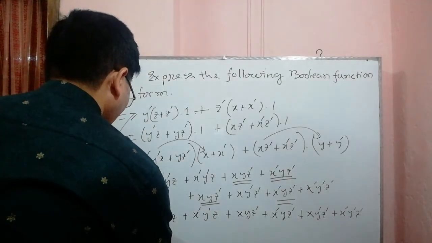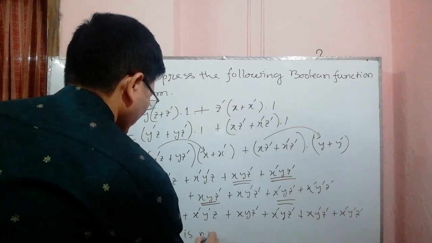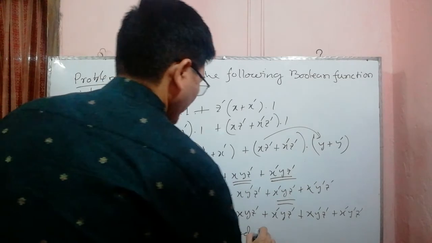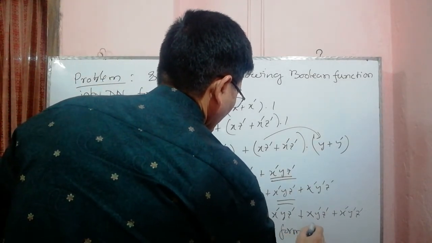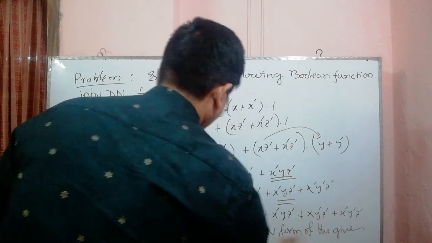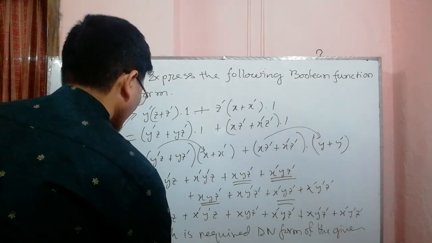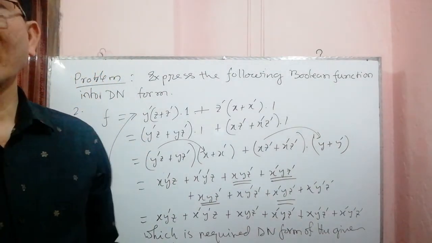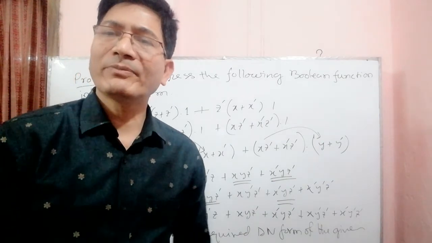So you can write: which is the required DN form of the given function. Dear students, this was the procedure of reducing any given function into DN form.